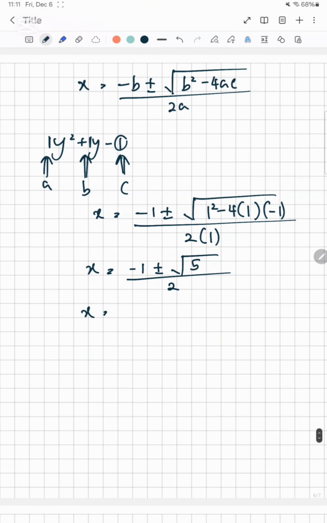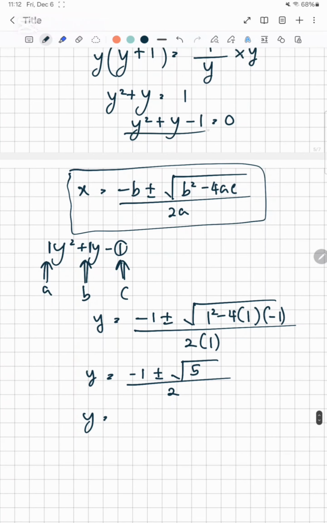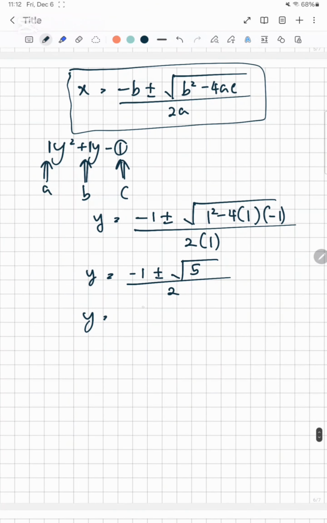So x equals, in this case it's y, because our quadratic equation was in y. This is the formula to find the solution for a quadratic equation, but in this case it's y because our equation has y terms. So y equals minus 1 minus root 5 over 2, or minus 1 plus root 5 over 2.